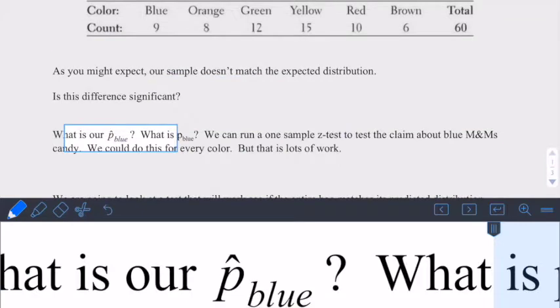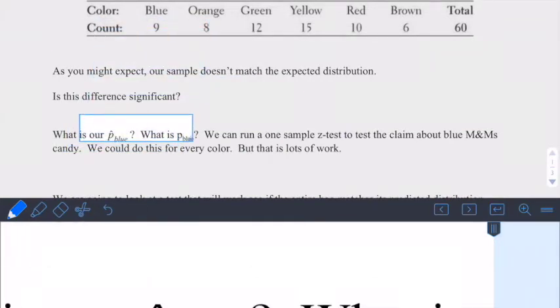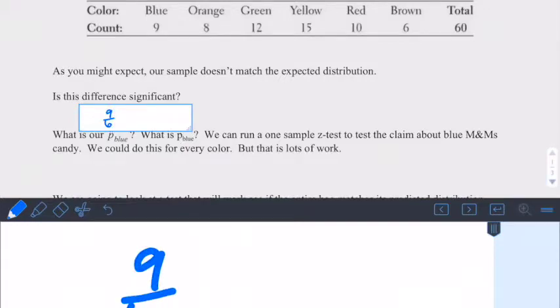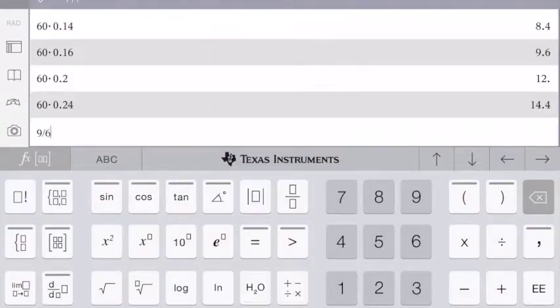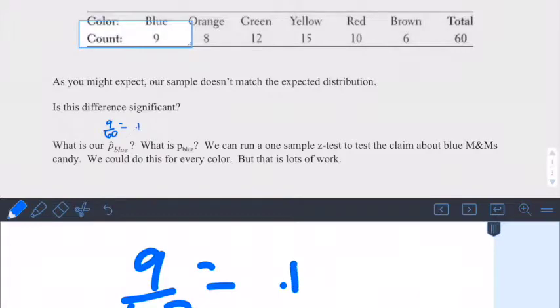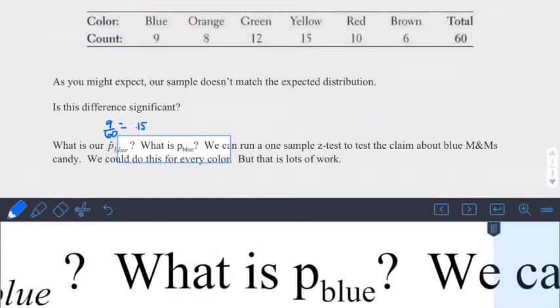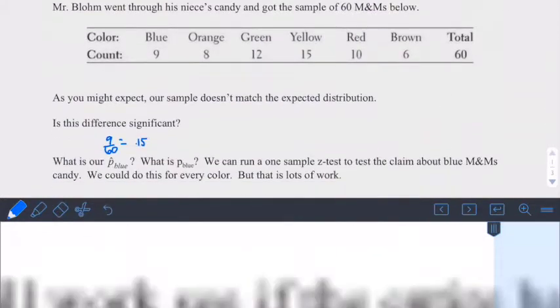Our p hat of blue would be 9 out of 60, which is 15%, but our proportion of blue was 24%.